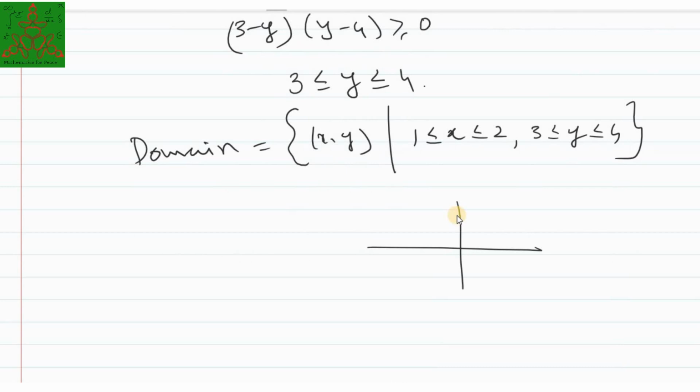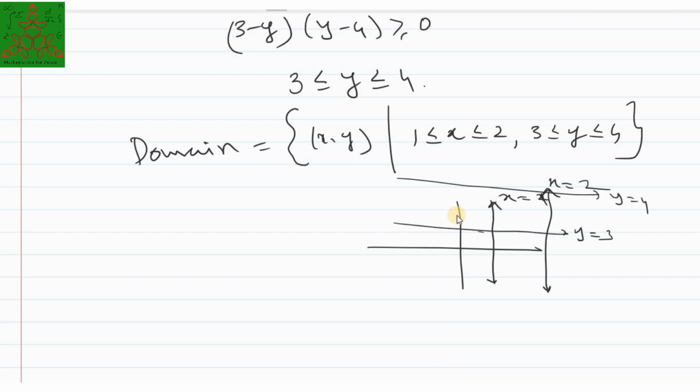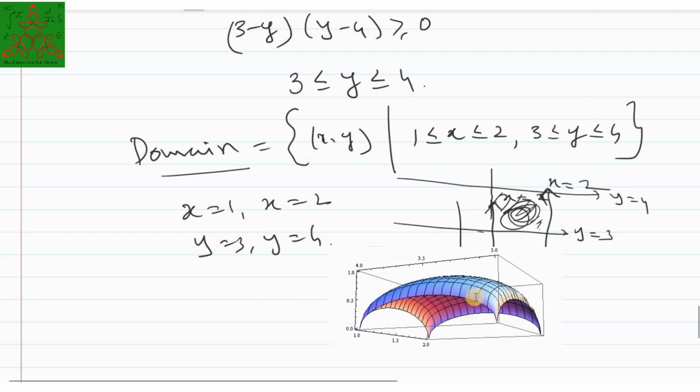It is x between 1 and 2, so this will be x is equal to 1, and this will be x is equal to 2, and suppose this is y is 3 and y is 4. This rectangle is the domain of this function. So it is bounded by 4 lines, x is equal to 1, x is equal to 2, y equal to 3 and y equal to 4. And what will be the graph of this function? The graph of the function looks like this.